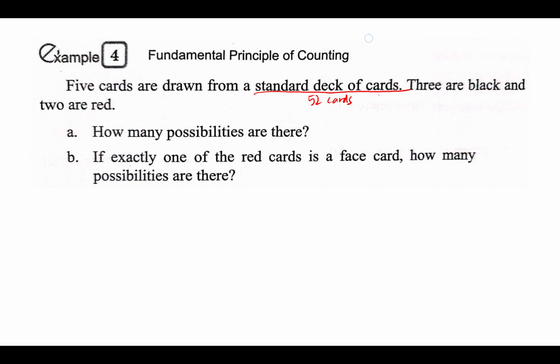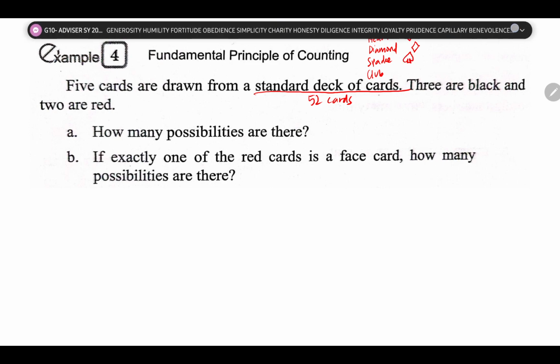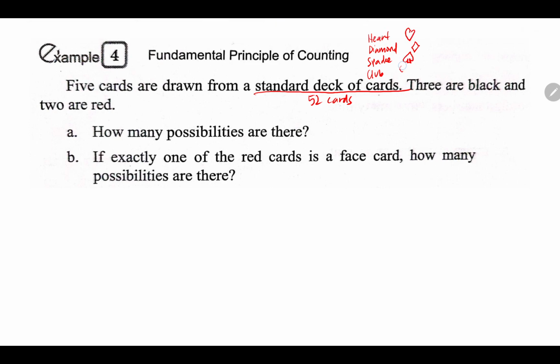We have the heart, we have the diamond, we have the spade, and the club. Okay, so you know what a heart looks like. You know the diamond. You know the spade. Looks like this. And you also have the club.